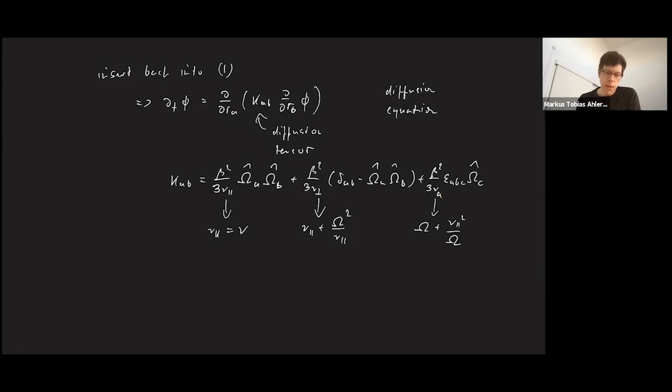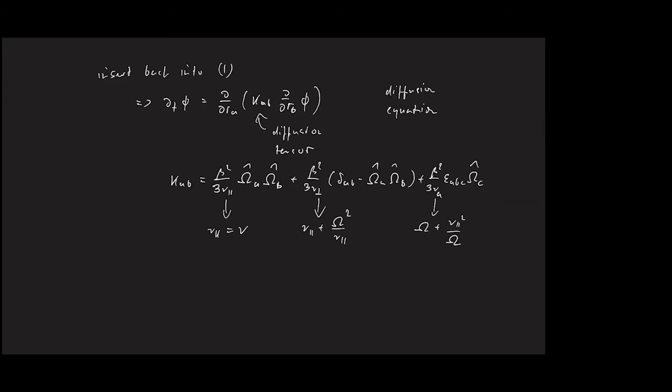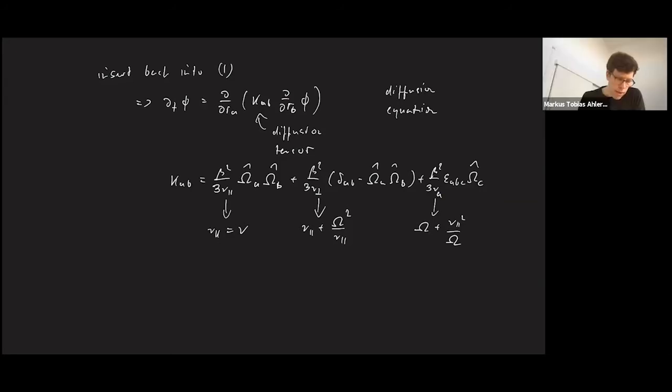Maybe it's easier to look at K in a specific axis. If I assume that the magnetic field orientation is proportional to the z-axis, then I can write this diffusion tensor in the following way. I have on the diagonal beta squared over 3 nu perp, beta squared over 3 nu perp, and beta squared over 3 nu parallel.